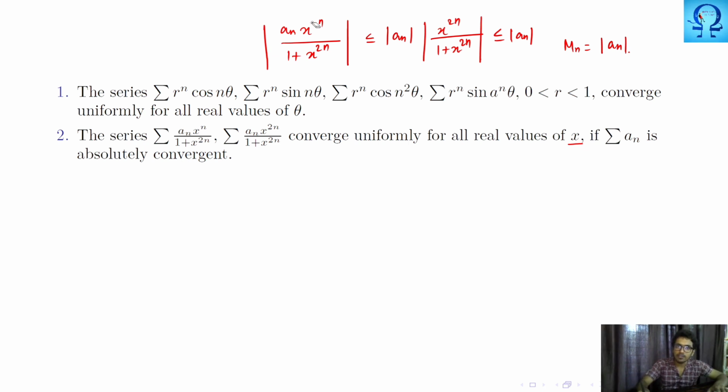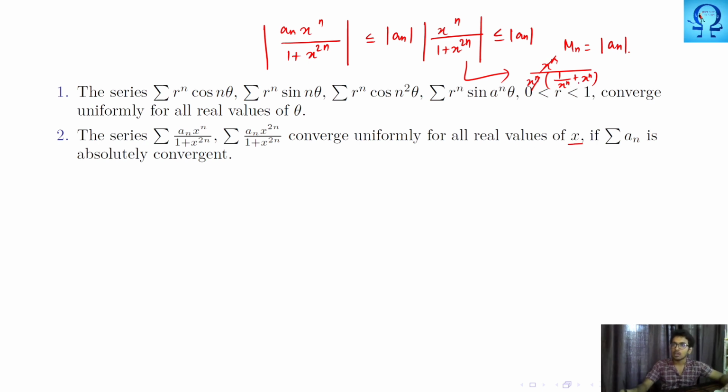Suppose we have x^n here. What is going to happen? We take x^n outside, so it would be 1 upon x^n plus x^(-n), and this gets cancelled for all real values of x.